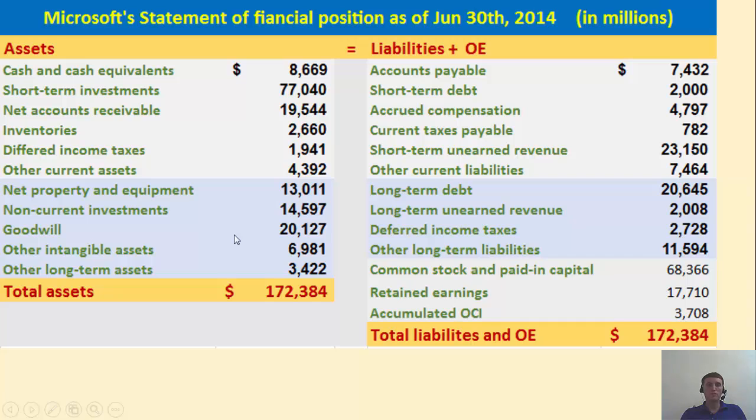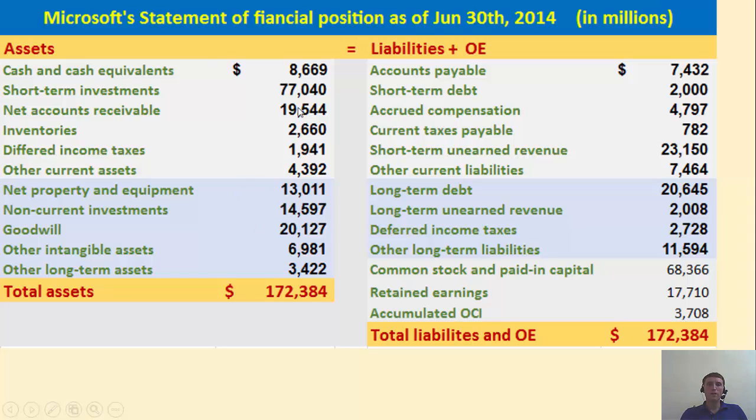You don't have to worry about this so much. It will become clearer later on. Other intangible assets, patents, for example, that Microsoft will have acquired, and other long-term assets, again, lumped together in one number, so the balance sheet becomes clearer and more manageable.